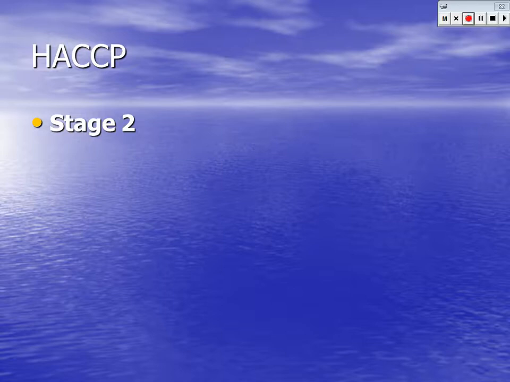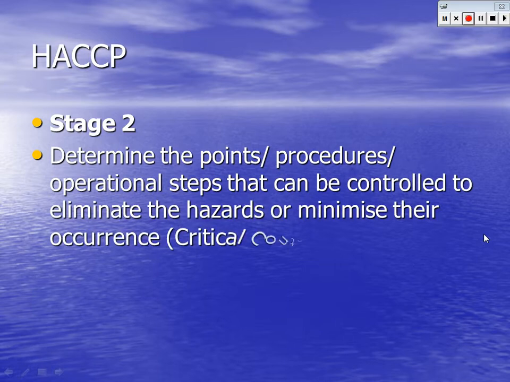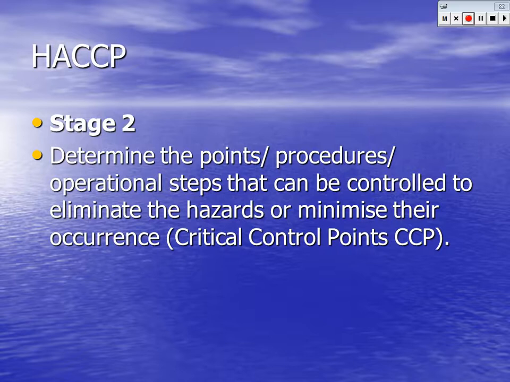So step number 2, or stage number 2, we want to determine a point or a process or a procedure or operational step that can be controlled to eliminate the hazard or minimise its occurrence. Alright, so in that situation of E. coli, we might have a regular testing program for our water supply for that oyster farm, or routine water sampling that occurs around the farm through periods of high flow or periods of heavy rainfall, or upon, oh crap, we actually released some sewage into the water nearby, maybe we should do some testing before we sell our oysters.